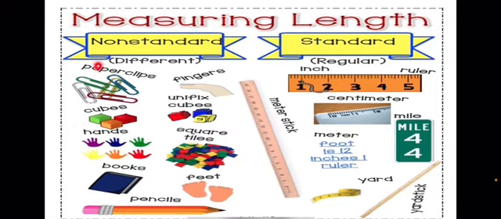So the non-standard methods are the paper clips, the fingers, the cubes, the unifix, hands, square tiles, books, feet and pencils. We cannot rely on these because they can vary according to their size. Like cubes can be small and big also. Books can also be of different kinds. Are you using the rectangle books or the square books? Pencils also, how long the pencil is, etc.